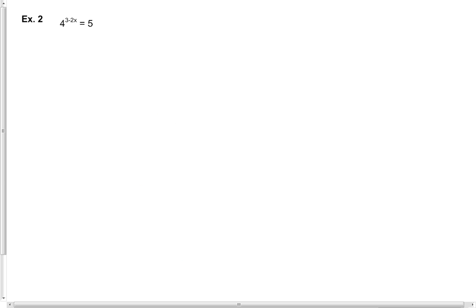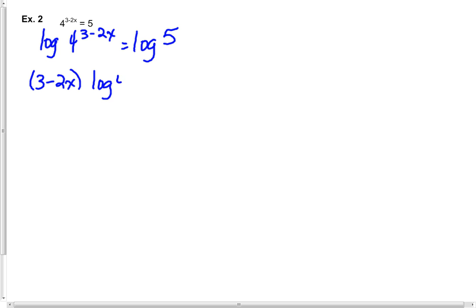Let's solve this using logs. I have an exponential equation. I'm going to take the log, base 10, because that's what my calculator has, of 4 to the 3 minus 2x equals log of 5. I'm going to use my rule of logs on the left side that says I can bring the exponent down: 3 minus 2x times log 4 equals log 5.